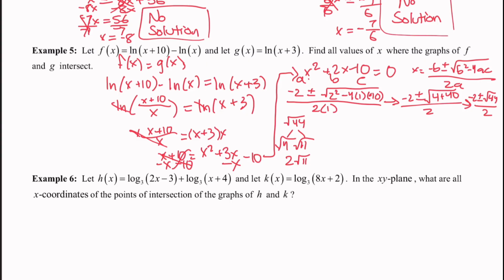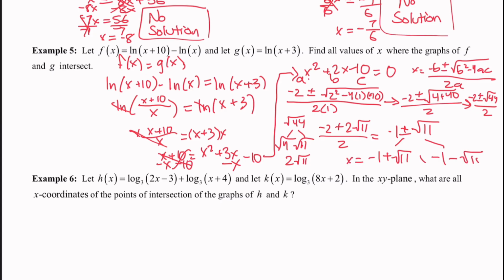And then I'm going to move that over 2. That seems like it would equal negative 1 plus or minus square root of 11, because this becomes 1 and this becomes negative 1. That gives us two versions, a negative version and a positive version. So negative 1 plus square root of 11 and negative 1 minus square root of 11.